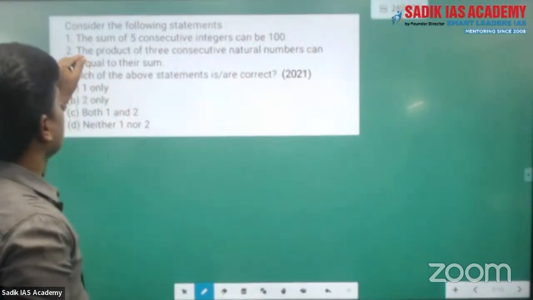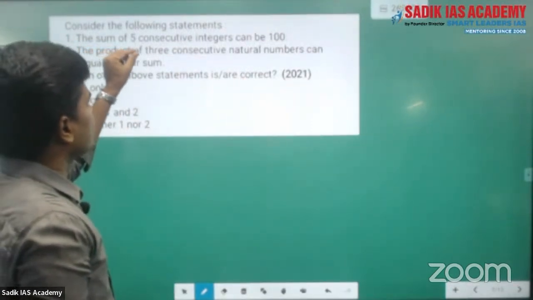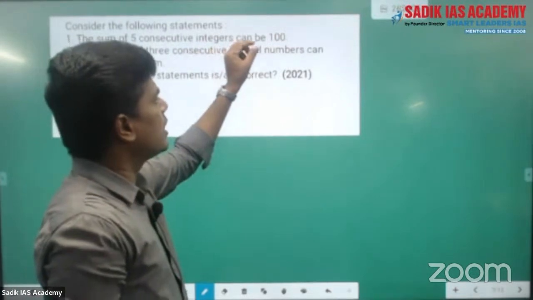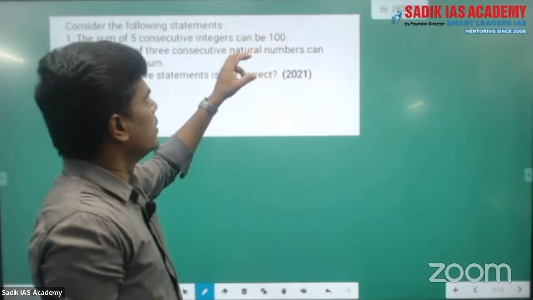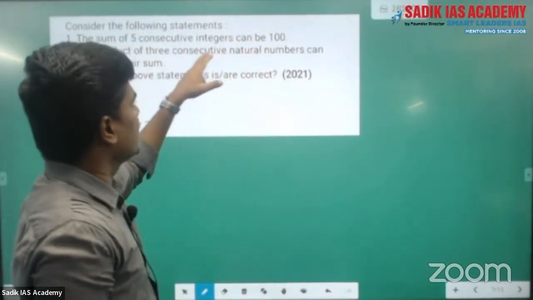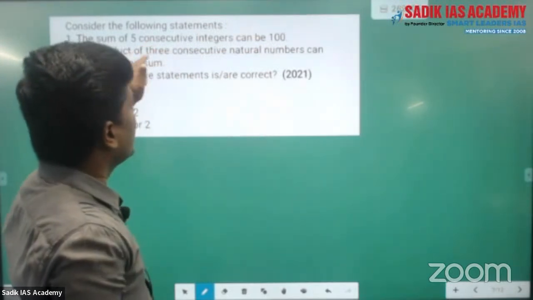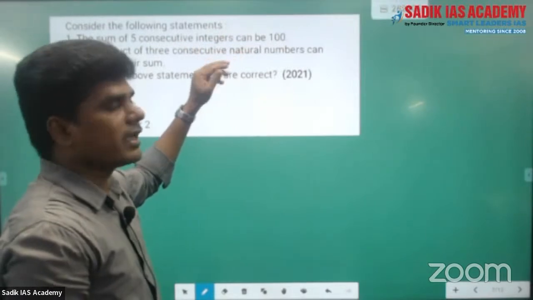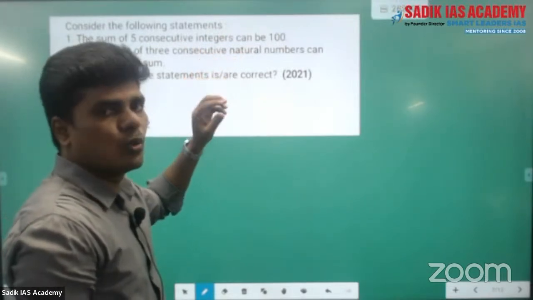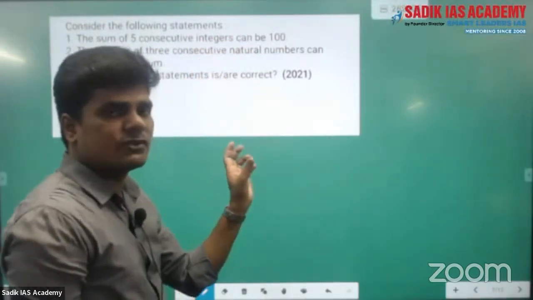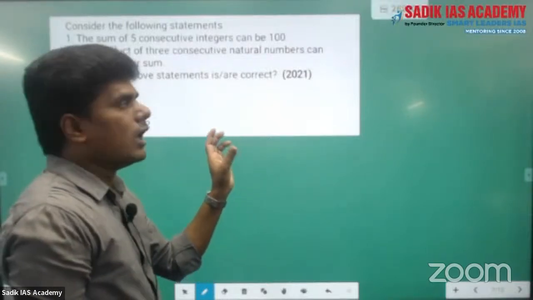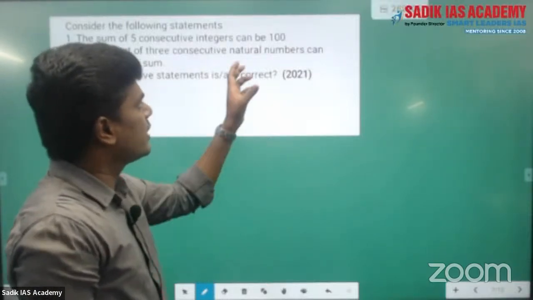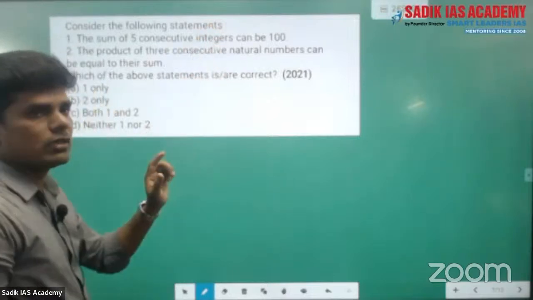Okay, see here, first statement, the sum of 5 consecutive integers can be 100. You have to read the statement carefully. Sum of 5 consecutive integers can be 100. Okay, can be only if you get one set of 5 consecutive integers, and if the sum is 100, then this condition is true.